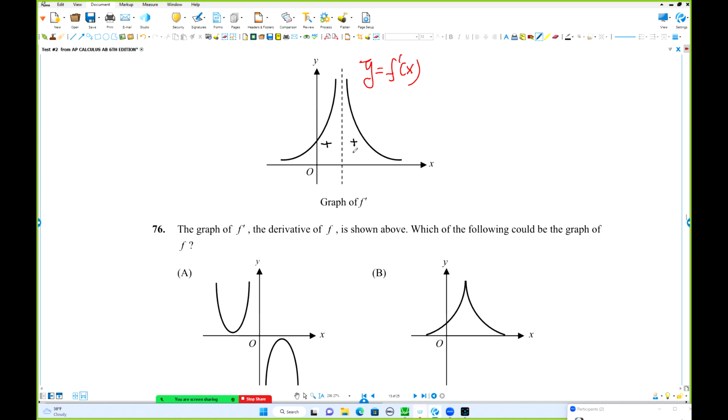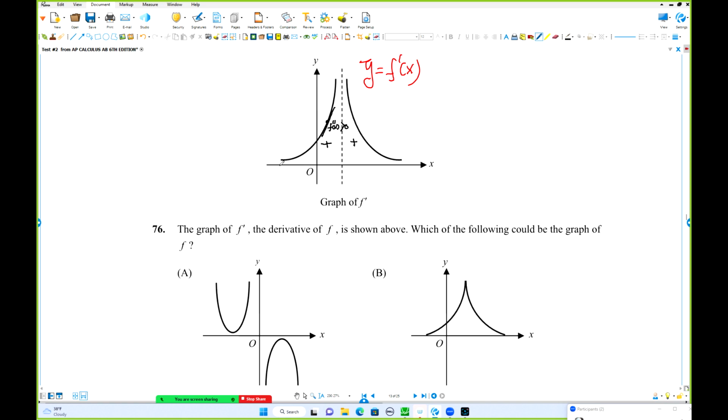But for increasing, there are two different types: concave up increasing or concave down increasing. How can you see that? Slope, right? The slope of f prime is f second prime. When you take any point, this slope is positive, right?